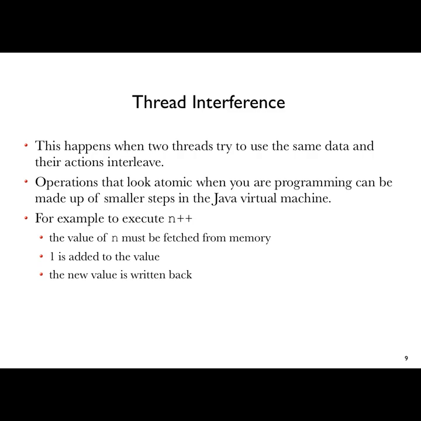So if you're just doing this in a single threaded program, where you're going from one state to the next and you wait until an action's finished until you move on to the next one, that's not a problem at all. Let's say we've just got this program running here, and we say n++ there.